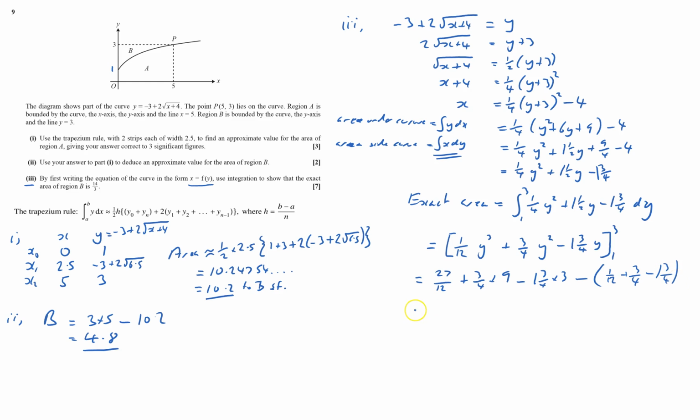I can work this bit out. The first bit comes to 15/4, take away minus 11/12, and that equals 14/3, and that is exactly what they wanted it to be. So I know I'm right, and that's question 9 and the whole paper done.